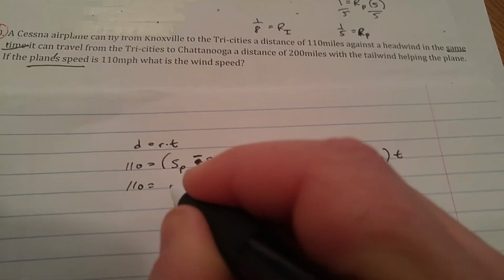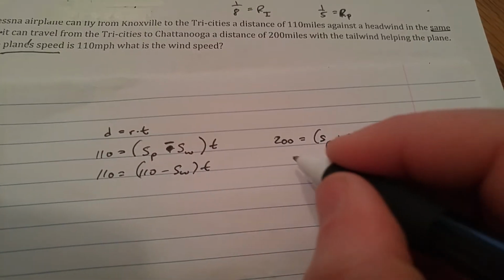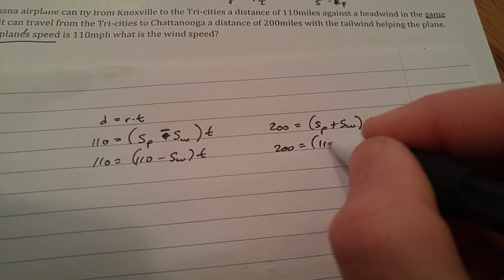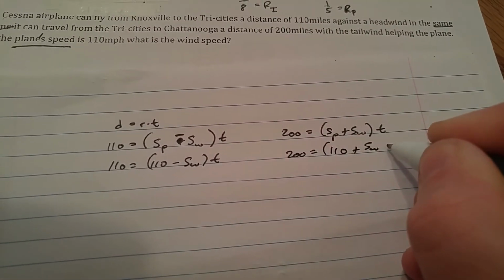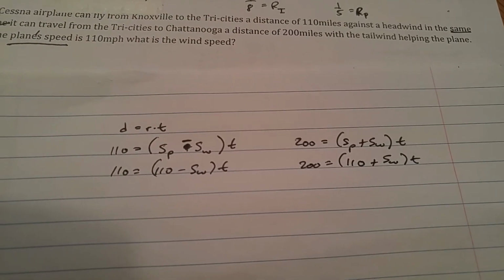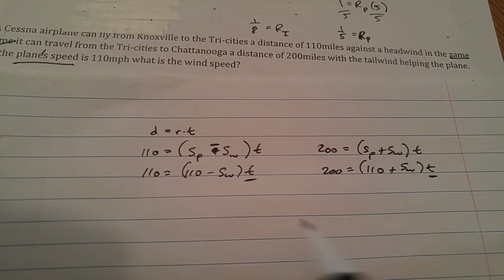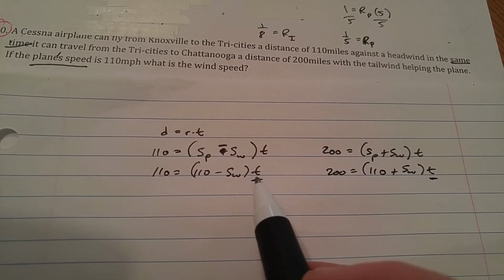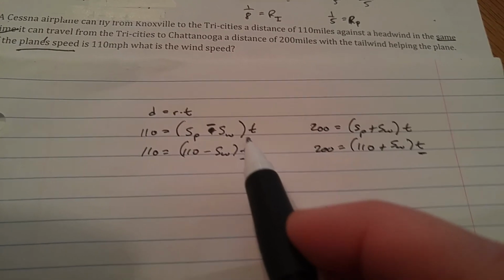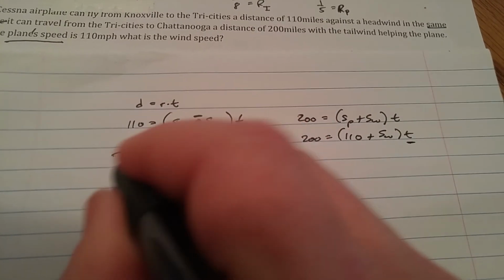So I'm going to have 110 equals 110 minus the speed of the wind times time, and 200 equals 110 plus the speed of the wind times time, because we just filled in that we knew that the speed of the plane was 110. Okay, so since this t is equivalent to this t, I'm going to solve this equation for t. To get t by itself, all I have to do is divide by 110 minus the speed of the wind.